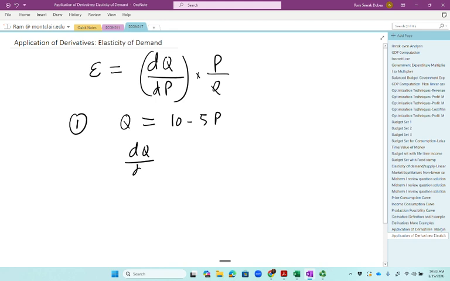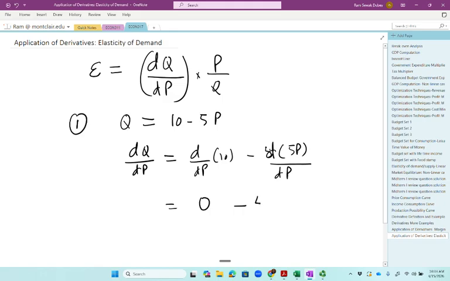So dQ over dP turns out to be derivative of the first term, which is a constant, minus derivative of the second term, which is 5P, with respect to P. The first term turns out to be 0 minus the second term, derivative of 5P with respect to P is 5. So the derivative turns out to be negative 5.